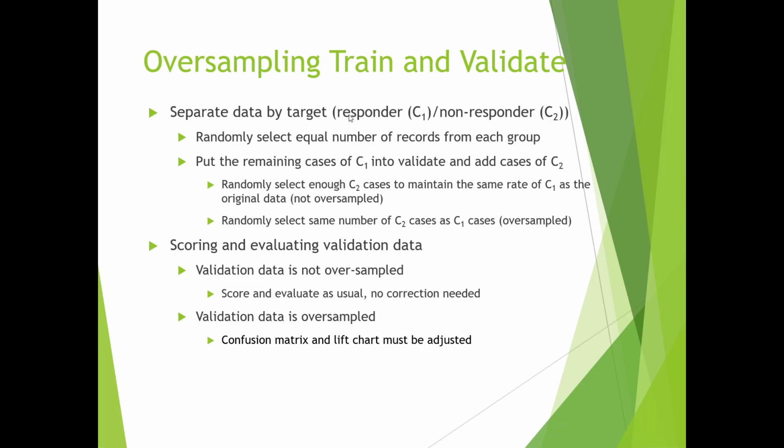Or you can select enough non-events into the validation set so that the proportion is the same as in the original data, in which case you are not oversampling the validation set. So when it comes to the oversampling procedure, your training set is always oversampled. You have to do that. Now, for the validation set, there are two possibilities. You can either oversample the validation set or not oversample it.